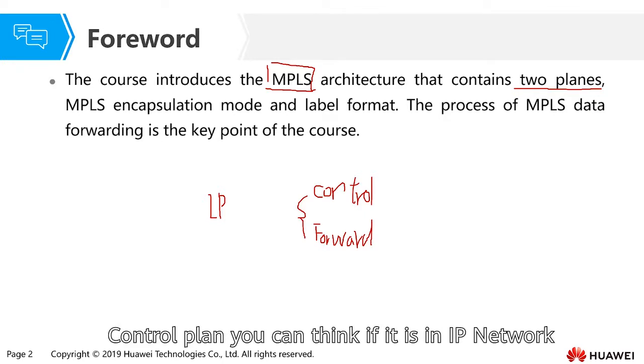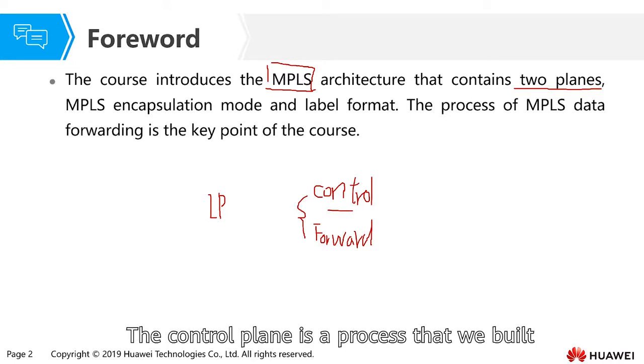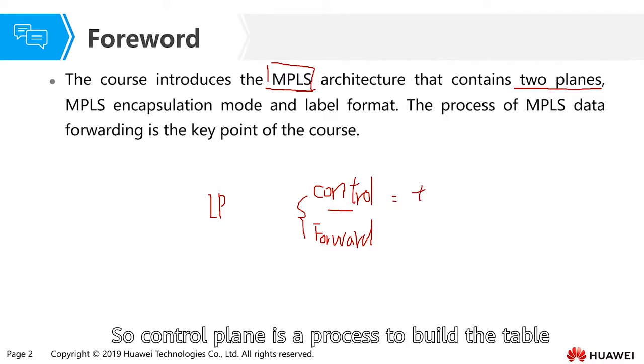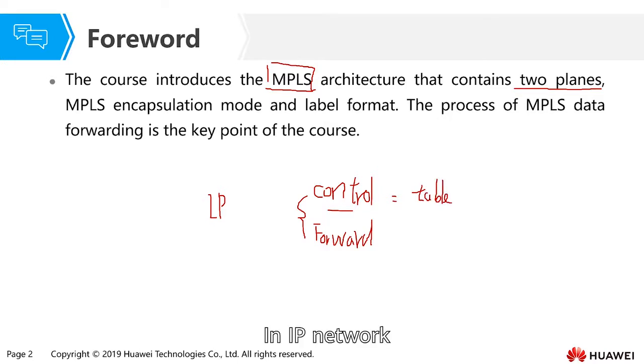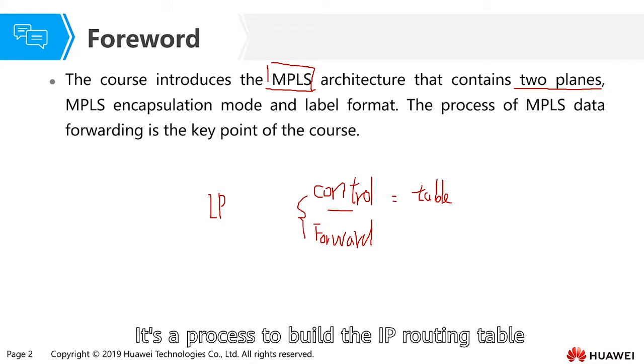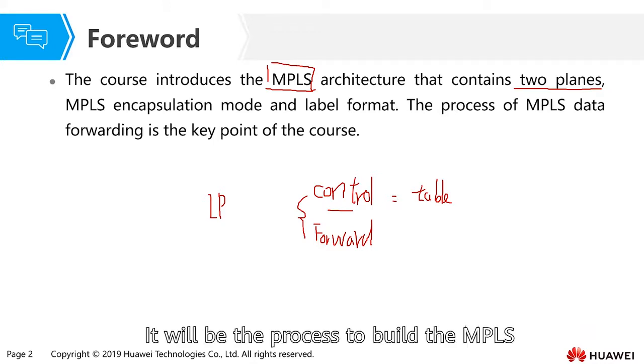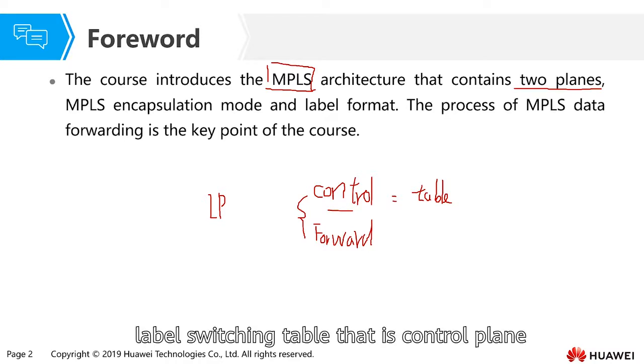So for the control plane, you can think of it like this: in an IP network, the control plane is the process where we build the IP routing table. So the control plane is a process to build the table. In an MPLS network, it is the process to build the MPLS label switching table.